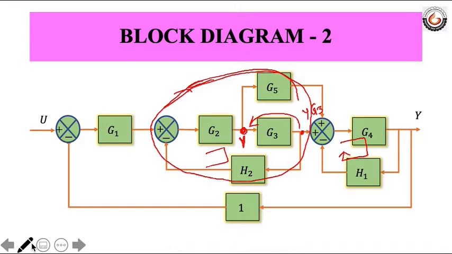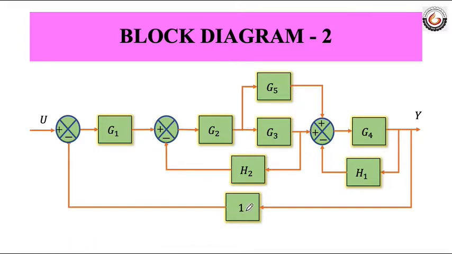I will just redraw it. Now this is not here, it is connecting somewhere like this and it is my G3. So now what is this transfer function? G4 by 1 plus G4 H1.